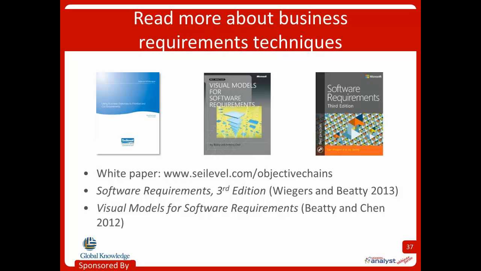That is also in the models book, which is the one in the center. And then most of the content today came out of the software requirements book, which is the picture on the far right. Chapter 5 of that book is all about business requirements, and it talks through these 4 models and a bit more information about how you might create them.